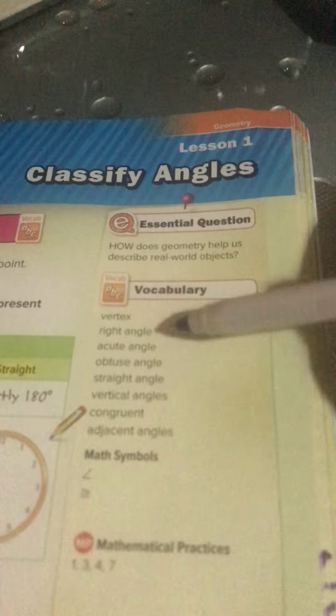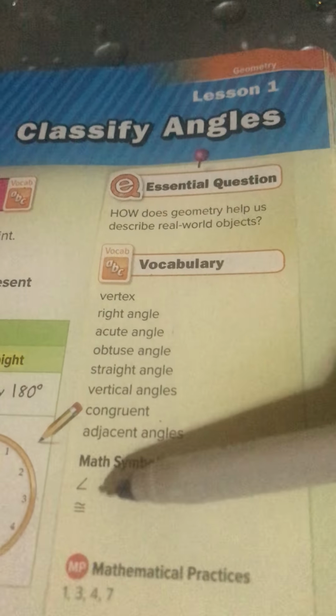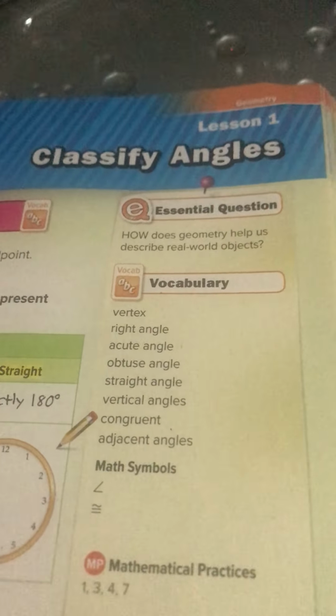This lesson or this chapter, you need to know a lot of vocabulary, because if you don't know the vocabulary, that means you will choose the wrong items or the wrong angles or the wrong answers. This is just for this lesson. And you need to know the symbols also. Okay?